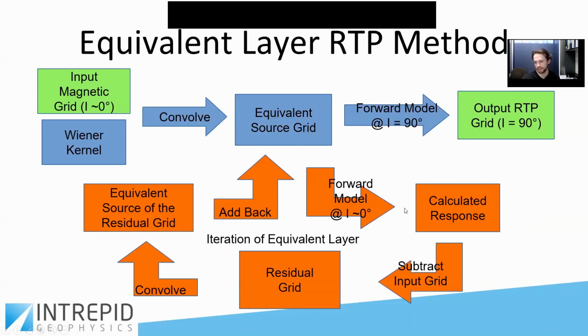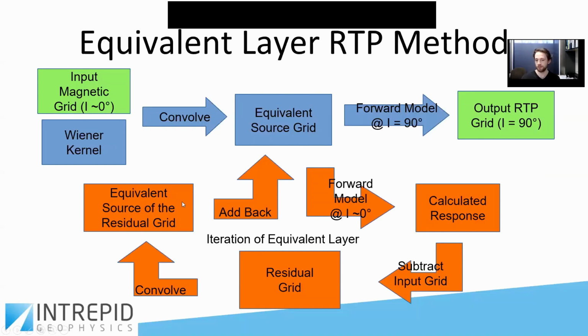And then we can compare the differences between what our equivalent source produces as an observed grid and what the original data set was. And we can take that further and effectively take the differences between what our forward model produces and what the original grid was, and convolve those differences with the same Vena kernel and produce an adjustments grid.